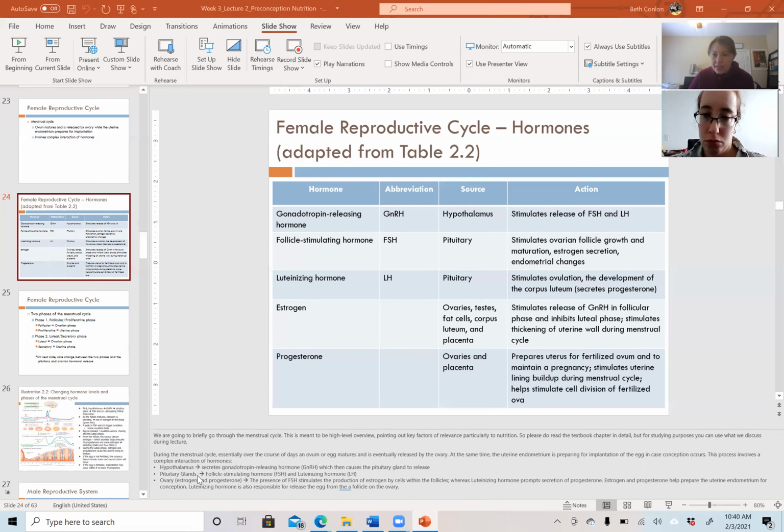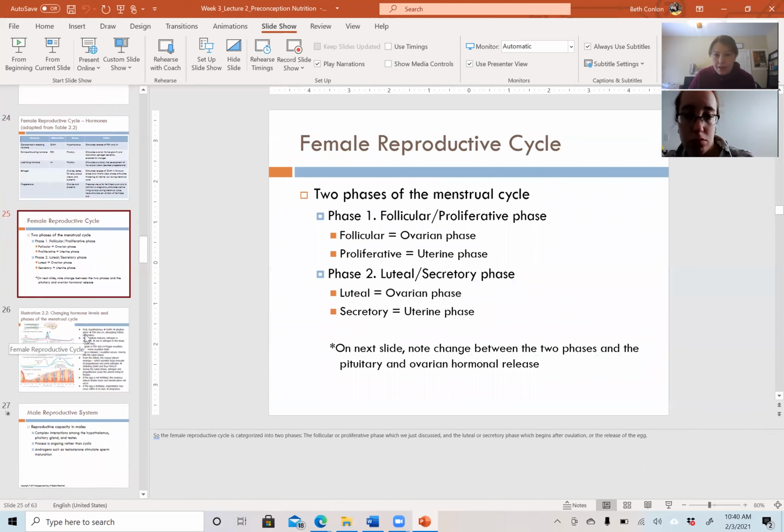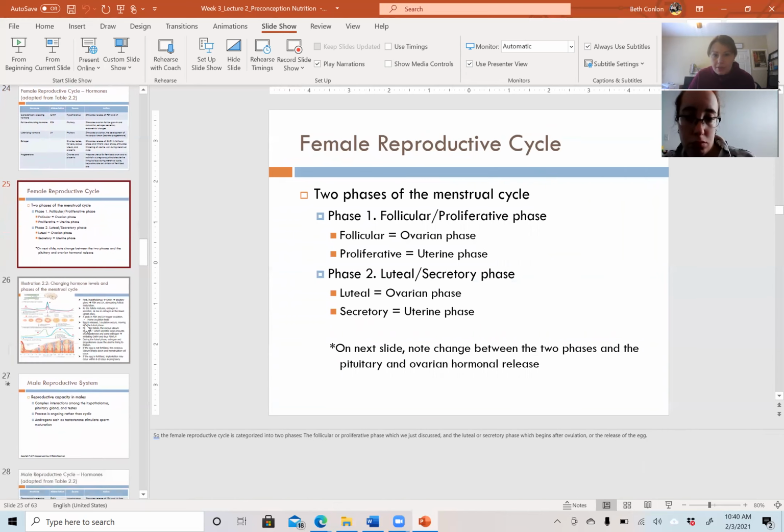Okay, so yes, be familiar with these hormones in the chart and their sources, and then their actions. There are two phases to the menstrual cycle. There's a follicular, or proliferative, phase, and then the second phase is luteal.